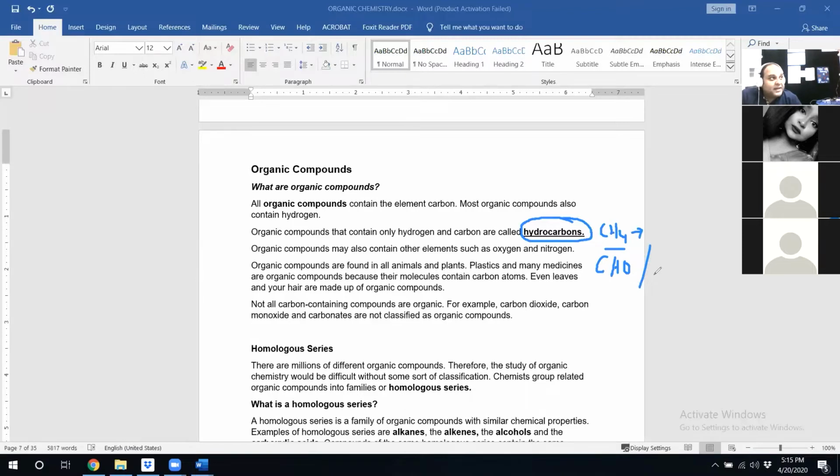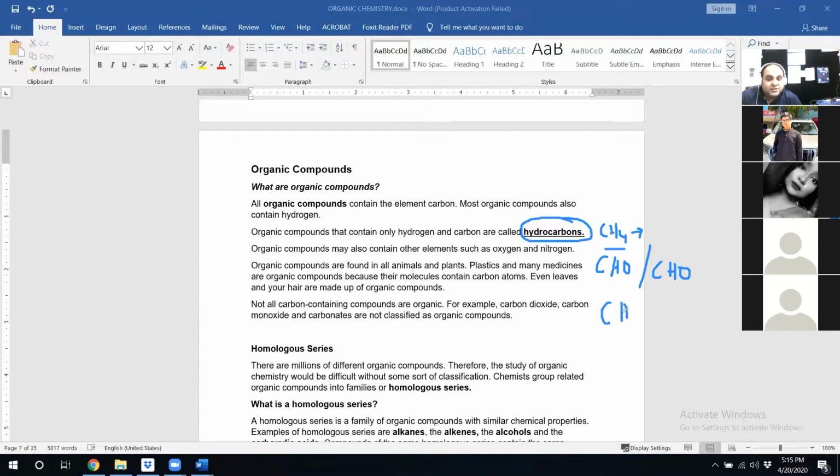Fats are the same thing, carbon, hydrogen, and oxygen, but obviously arranged differently. And the building blocks of our body, protein, contain carbon, hydrogen, oxygen, nitrogen.